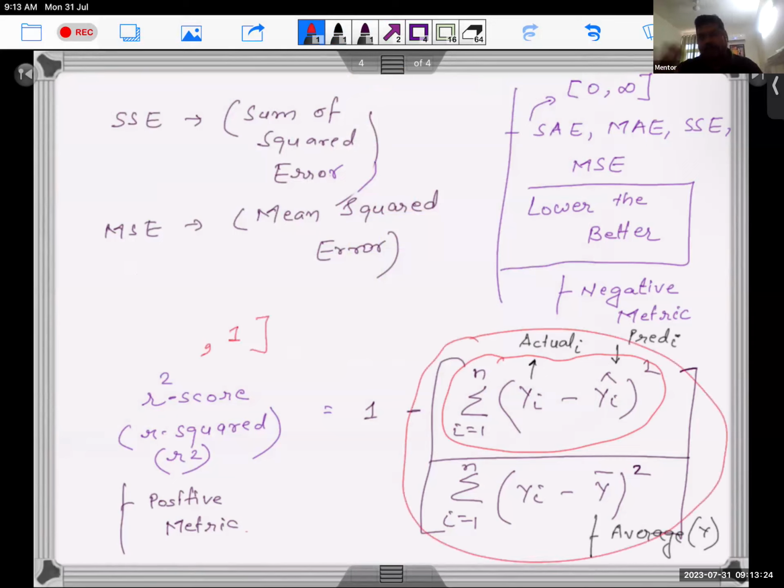What do you think will happen? Will it change X train and X test? The number of samples will stay the same, but what about the order of the samples? It will change, right? Because this function randomly shuffles the data and then splits it.